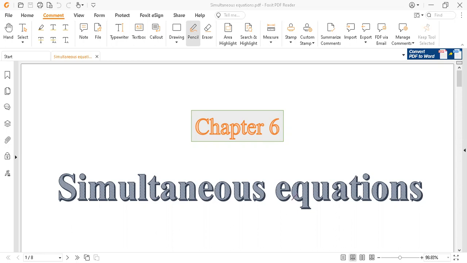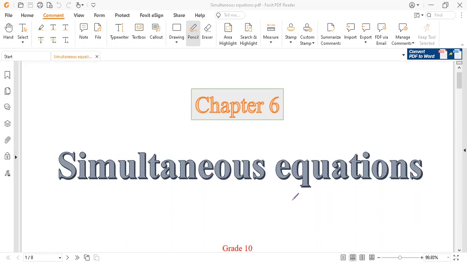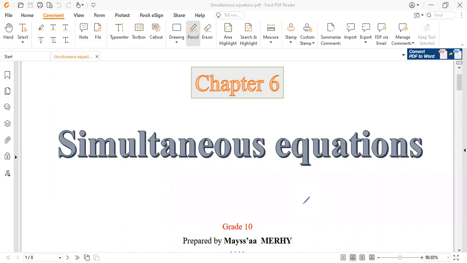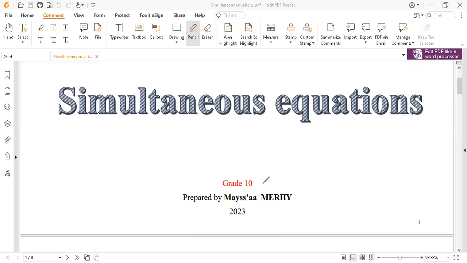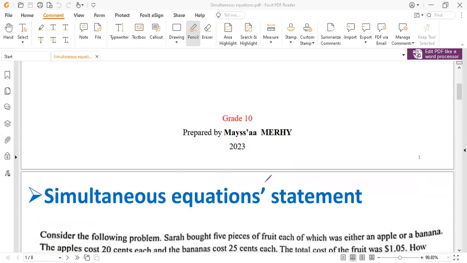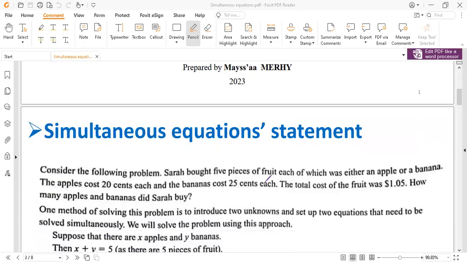But in real situations in life, to solve a given problem, we need to find a solution that verifies two or more equations at the same time.